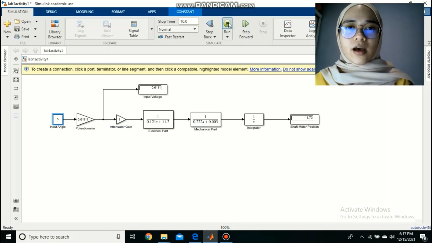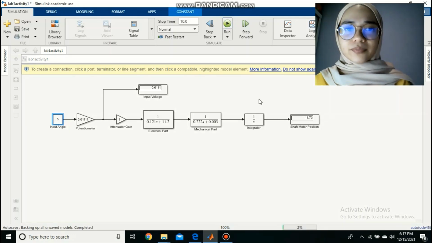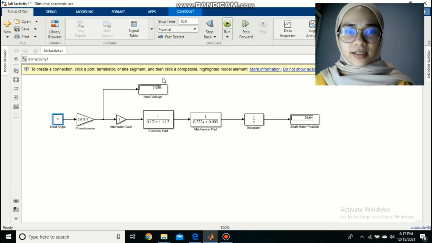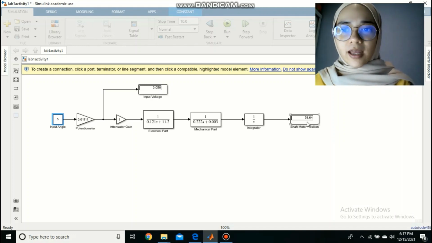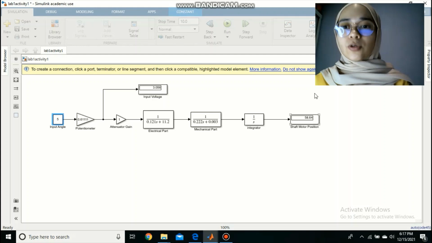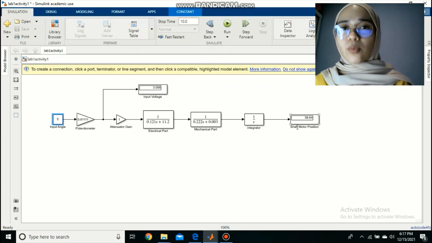After we run this simulation, we can see that our voltage is 3.056 volt while our shaft motor position is 58.64. So the shaft motor is in positive value, that means the motor rotates clockwise.